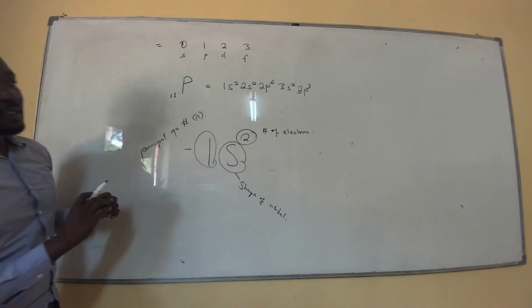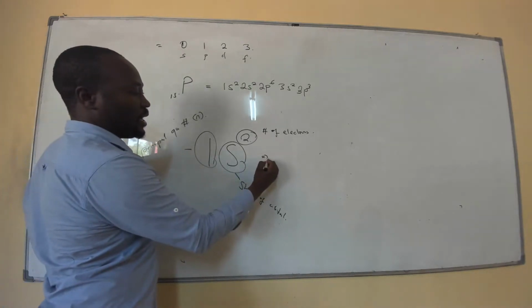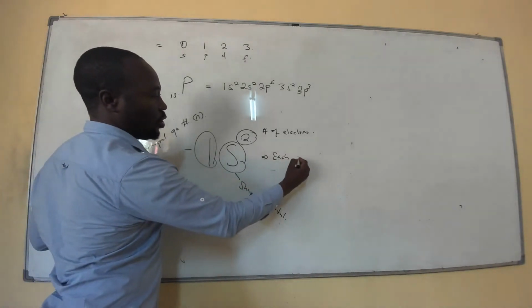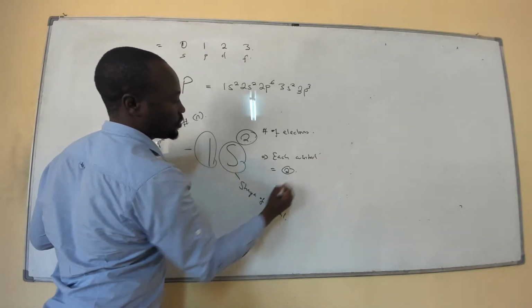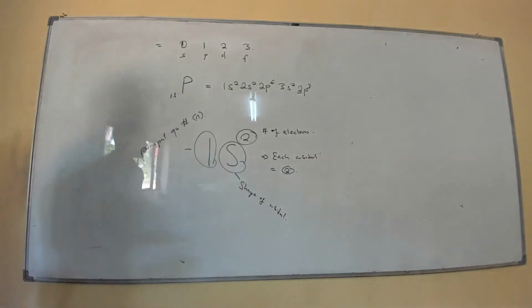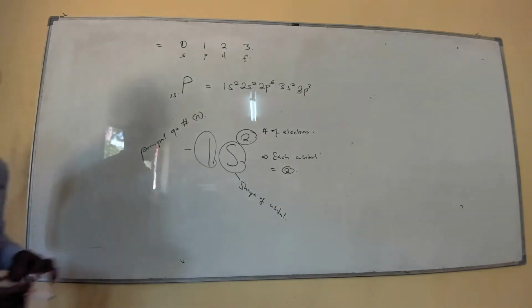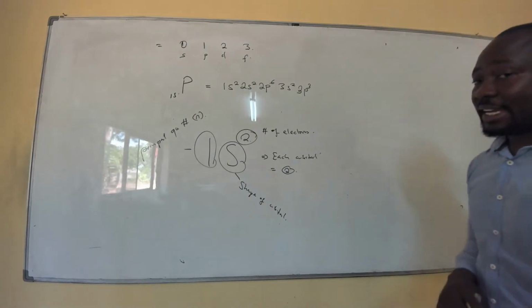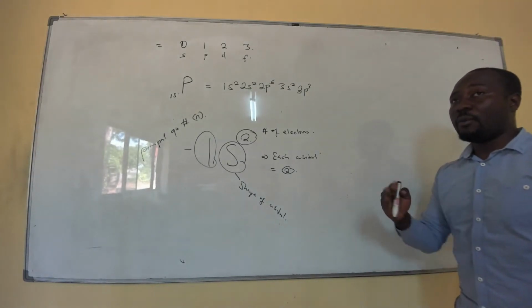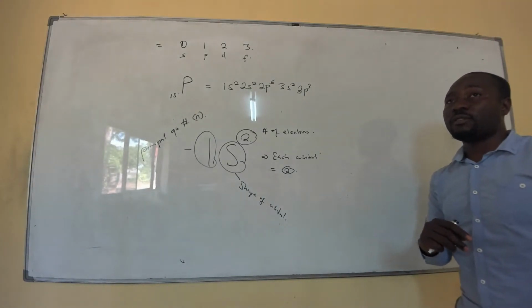Then we note that each orbital can accommodate 2 electrons. Now we can use the magnetic quantum number to determine how many orbitals there are for each.